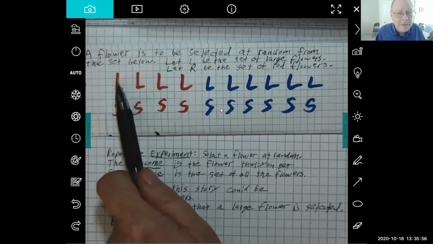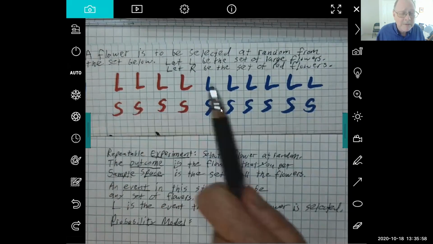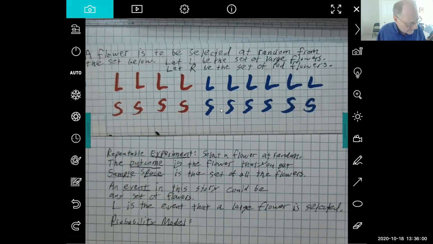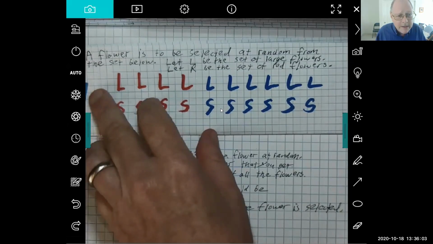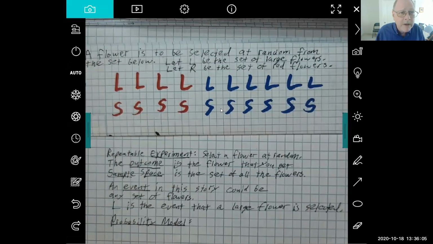The event that you get that particular flower would be one elementary event. Our probability model can assign those probabilities any way we want, as long as the probability of the entire sample space is 100%. So we had the list of axioms back in topic 2, the 4 of Kolmogorov's axioms, the requirements for making a model. And as long as you satisfy those, you're not going to contradict yourself.